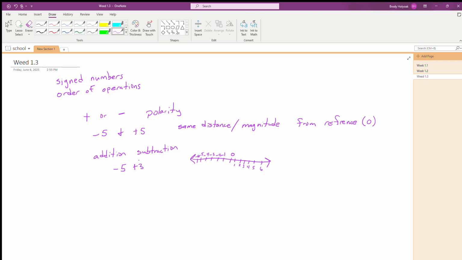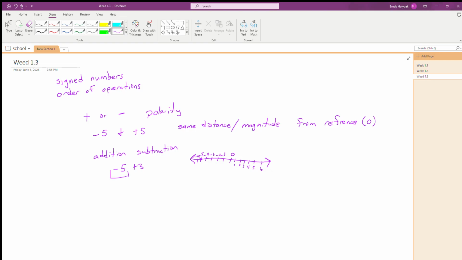What this problem is saying is my order matters. This -5 is my starting spot, so I'm starting here at -5. Adding means I'm going to increase this number and bring it up closer to 0, so I'm making it bigger.